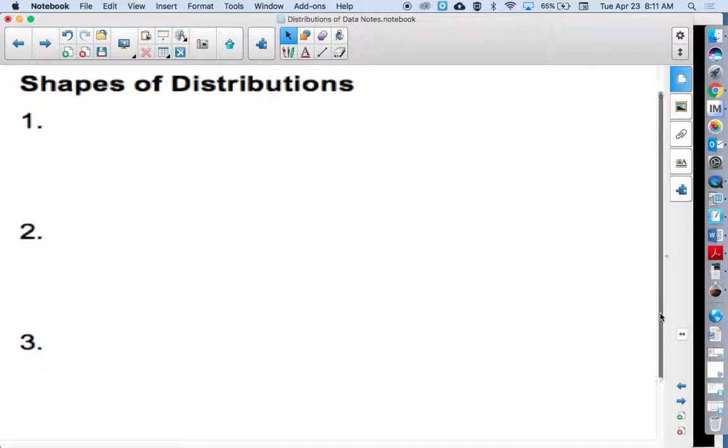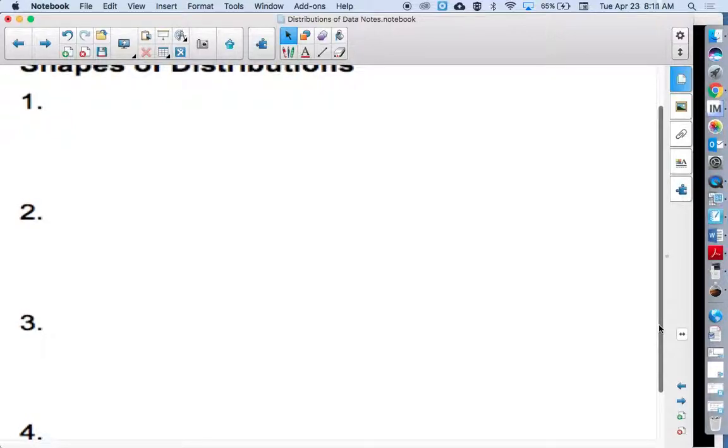So if you flip one more time, I think there's just a little bit left here, one last page. So this is called a distribution, or pretty much a picture of data, how it is organized. There are 4 different ways that data can be organized, and this will kind of tie us into the next couple of things that we talk about. So data can be skewed left.